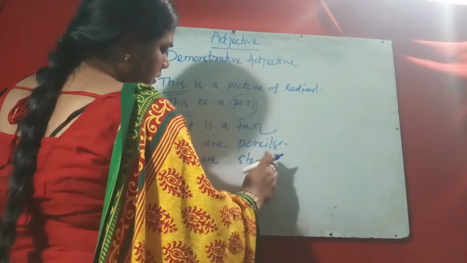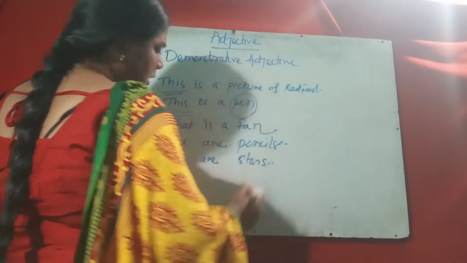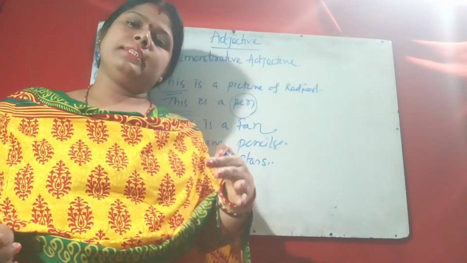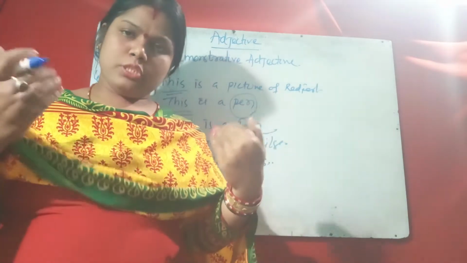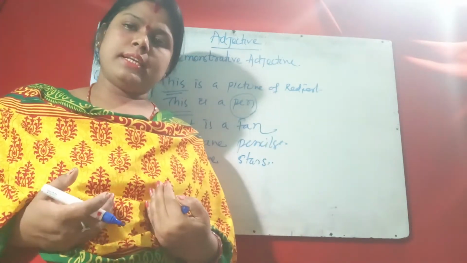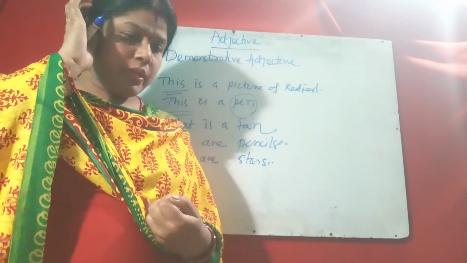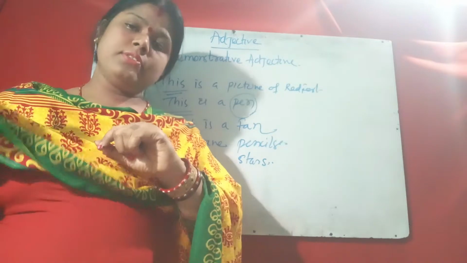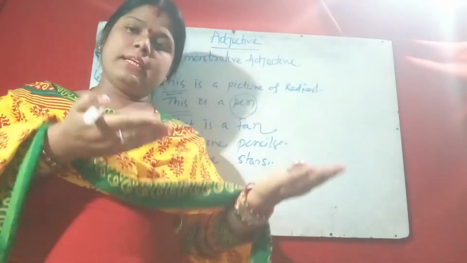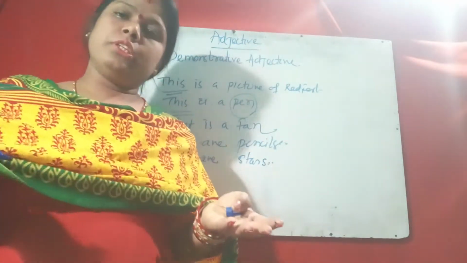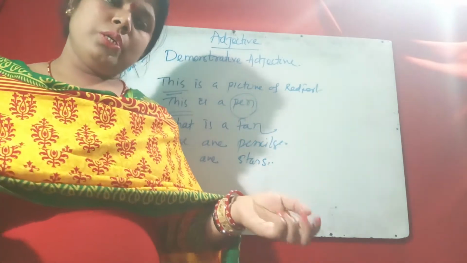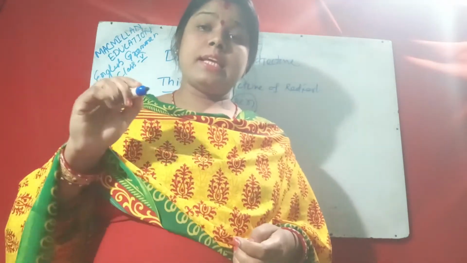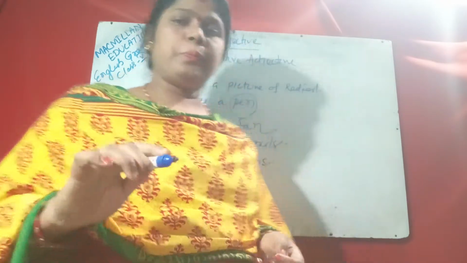So like this, for things which are far away, we use that, those. For things close by, we use this and these. For singular and close, this; plural and close, these; far away, that, one thing. If more than one, plural, those. So a demonstrative adjective points to a specific noun.